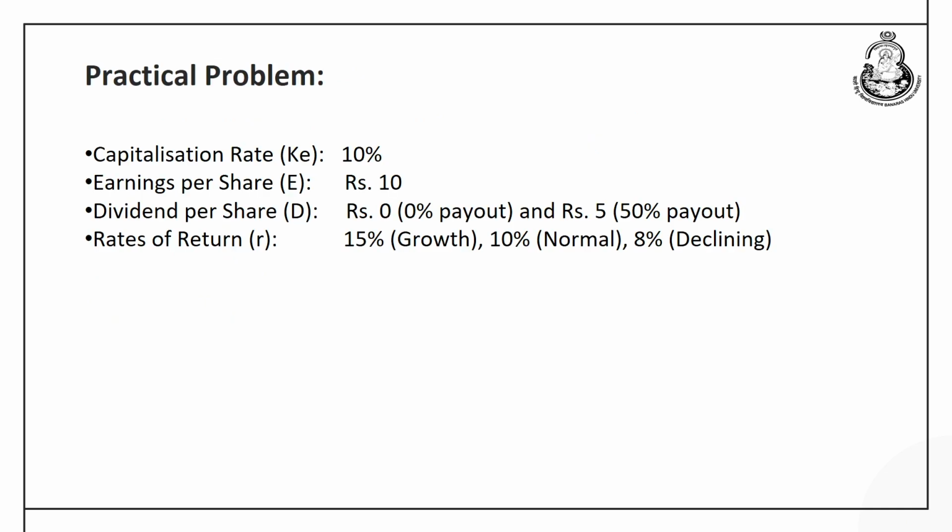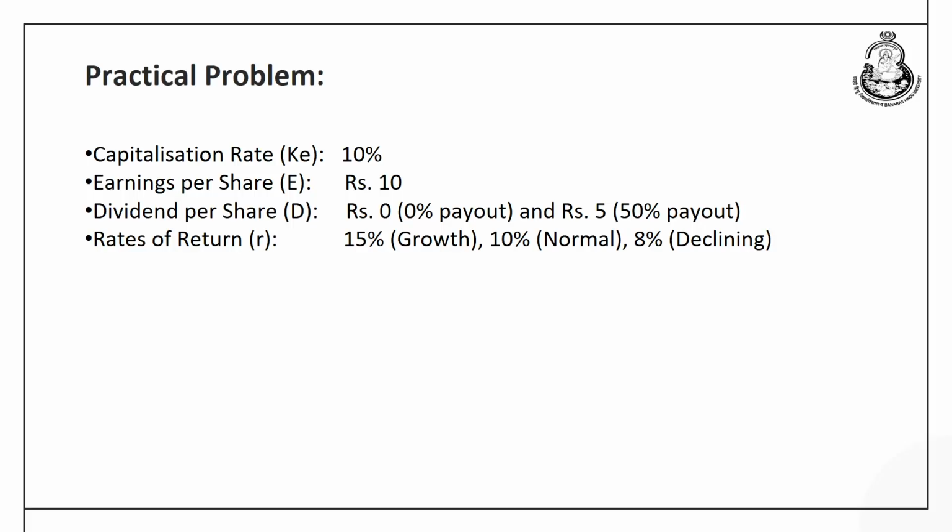Now, we will understand this theory with the help of one practical example. Let us see, in this particular case, the capitalization rate, that is the cost of capital, is 10%, earnings per share is rupees 10, and dividend per share would be discussed in two different scenarios. Number one, when the dividend payout ratio is 0, and second, when it is 50%.